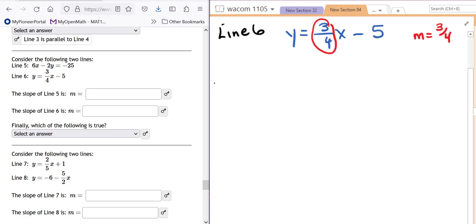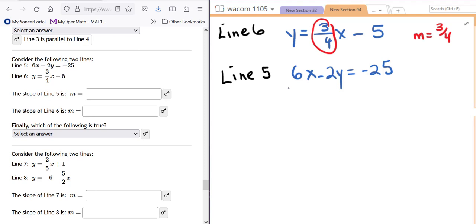The other one we'll have to work on a little bit. Line 5 is not in the same form. So we have 6x minus 2y equals -25. This is what we call standard form. You get x and y on one side, constant on the other side. And so we have to isolate the y to read off the slope.